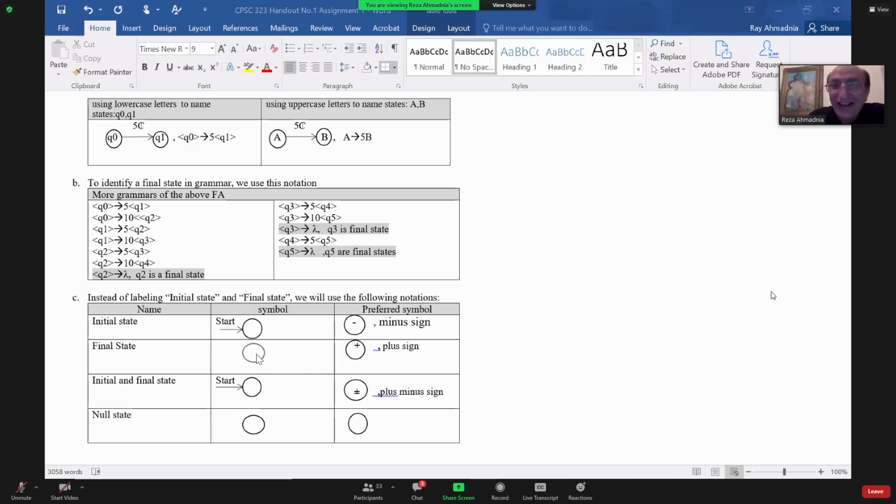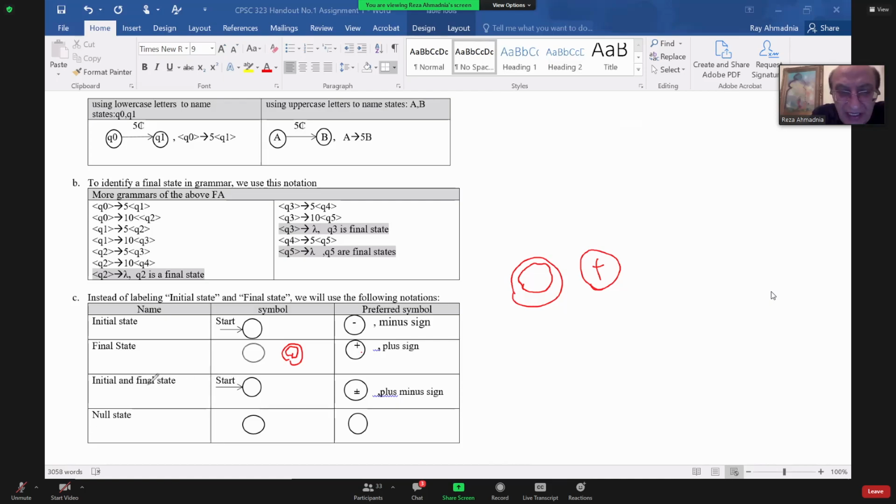I don't know why it doesn't show it, because it is very hard to draw. Okay, it is this one here. So one book is using this notation, the other one is using this one here. A circle with a plus means that a state is a final state.